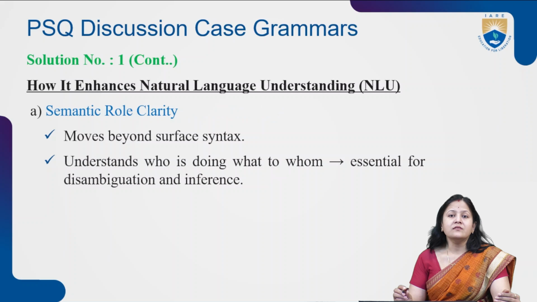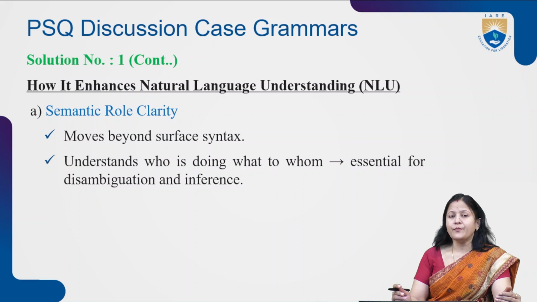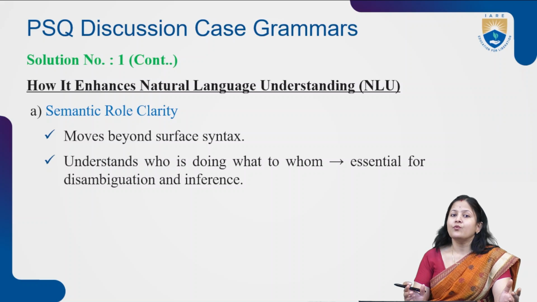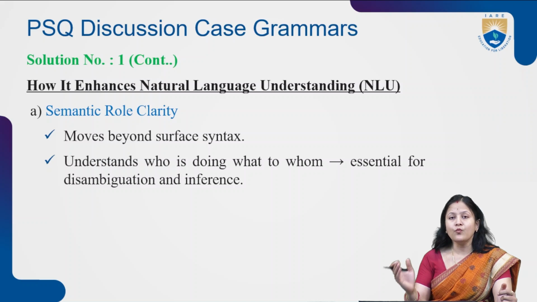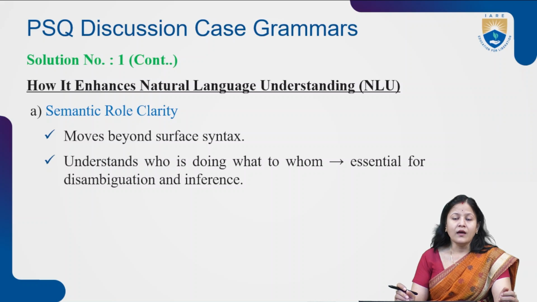Now let me discuss how it enhances natural language understanding, because that is what the question asks. First of all, it gives semantic role clarity. That means it moves beyond the surface syntax. It helps us understand who is doing what to whom, which is essential for disambiguation and inference.